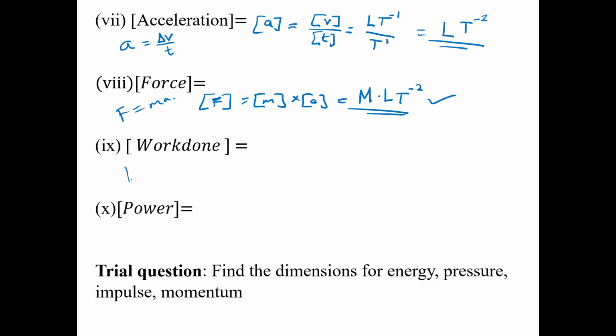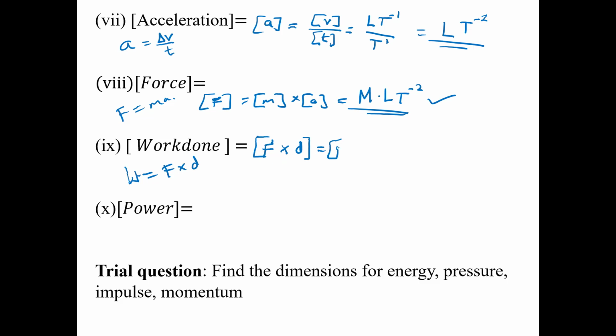Work done. What is work? Work done is the same as force times the distance moved in the direction of the force. Force times distance. So meaning therefore that the dimension of work done is the same as the dimension of the force times the dimension of the distance. You can split these ones. I'm just introducing this to show that it is also possible.